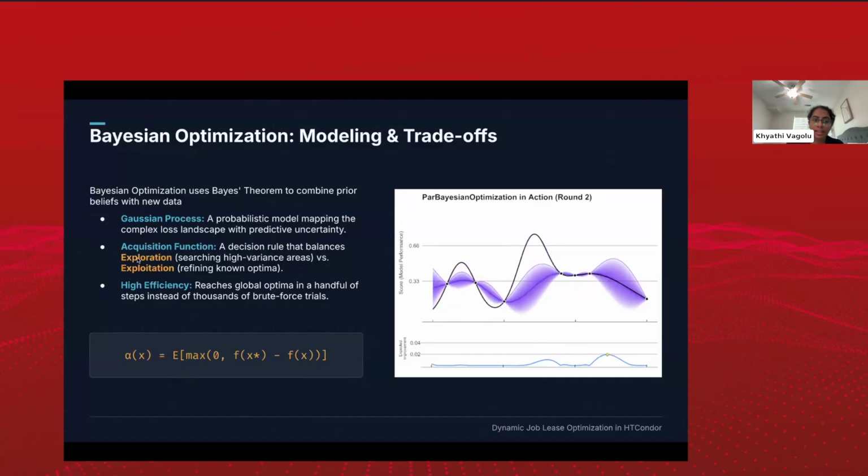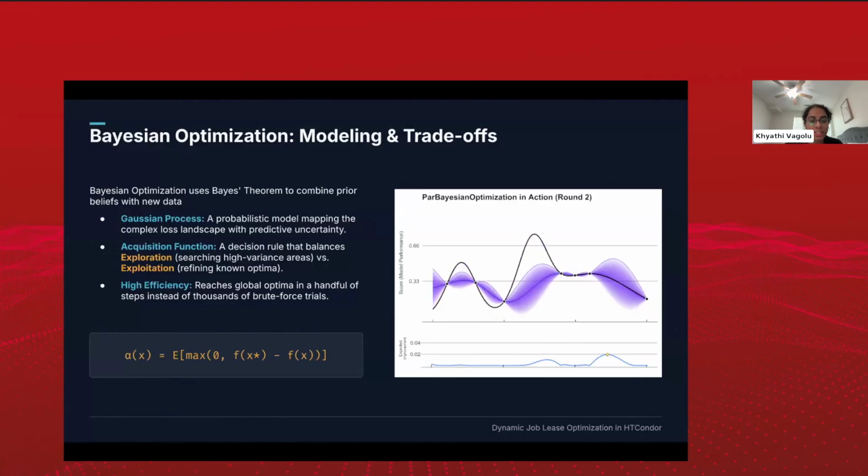So it uses something called an acquisition function, which is a decision rule to balance between exploration and exploitation.